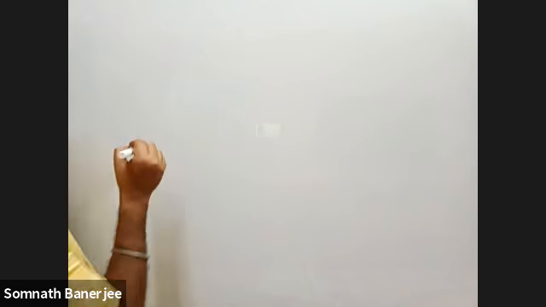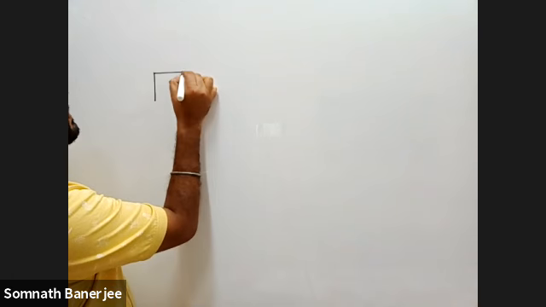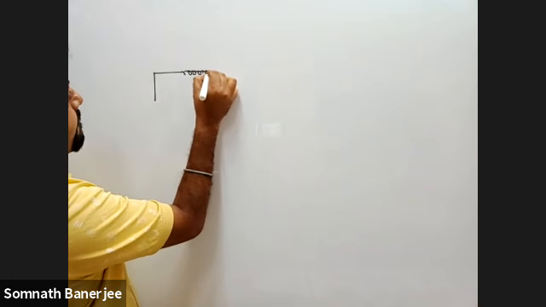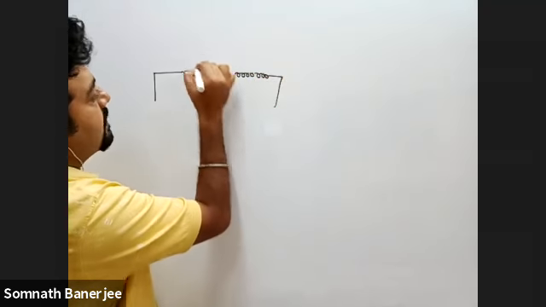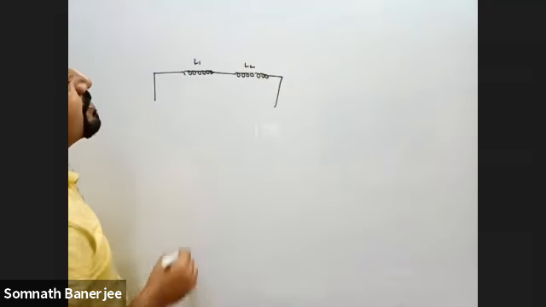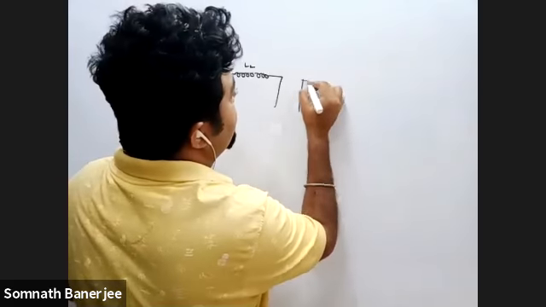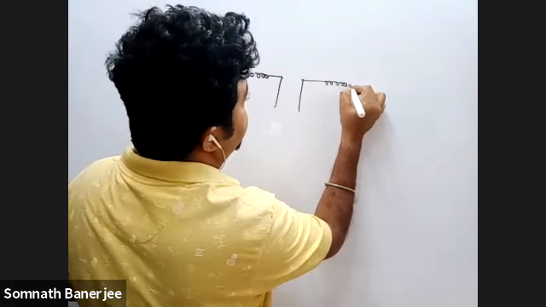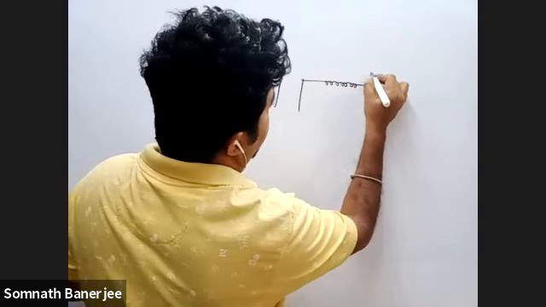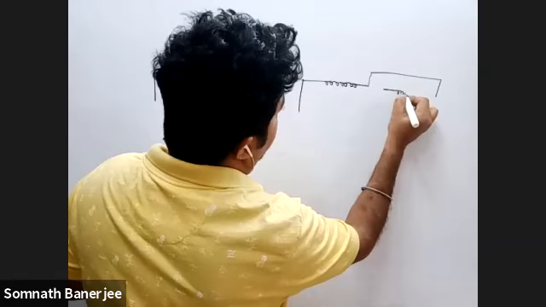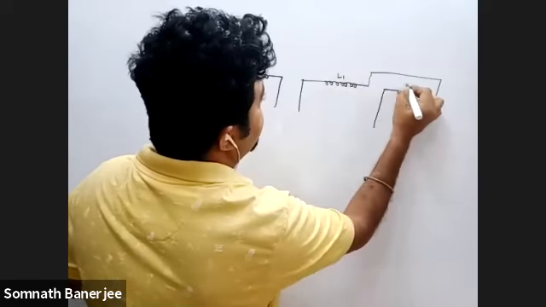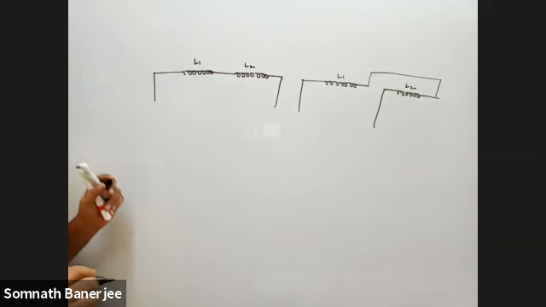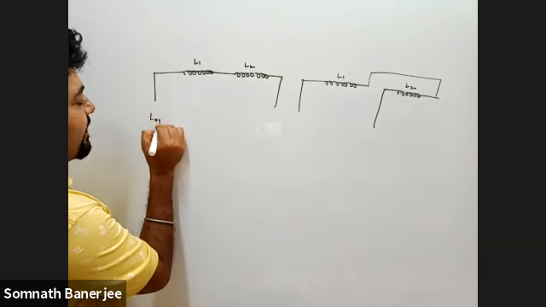Okay, so the next thing is that if we have two coils like this, with self-inductances L1 and L2, and we put the coils like this, with self-inductances L1 and L2, then L equivalent in that case is L1 plus L2 plus 2M, and here it is L1 plus L2 minus 2M.